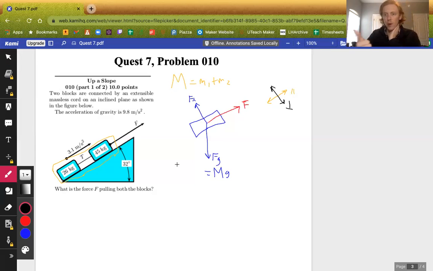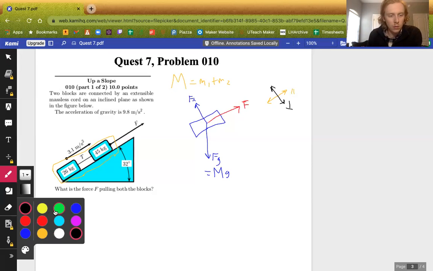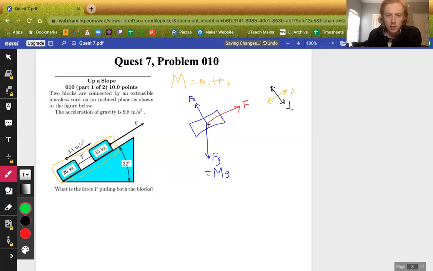So we've drawn our free body diagram. Now we look at this gravitational force, F_g, and it's not along one of our coordinate system lines. It's not parallel or perpendicular to the ramp. So let's resolve it into its components. In green, this one is going to be capital M times g times the cosine of the angle.